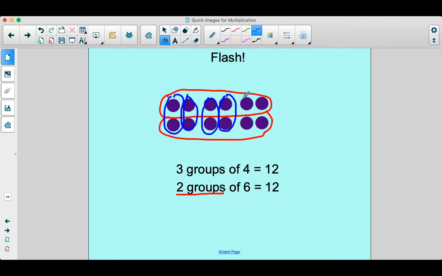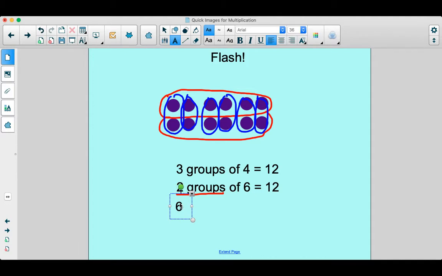So maybe you just counted them by groups of 2 and you're like, I got it. So let's see. How many groups of 2 is that? 1, 2, 3, 4, 5, 6. So 2 groups of, oh, wait a minute. I think I said that backwards. 6 groups of 2. 6 groups of 2 still makes 12.